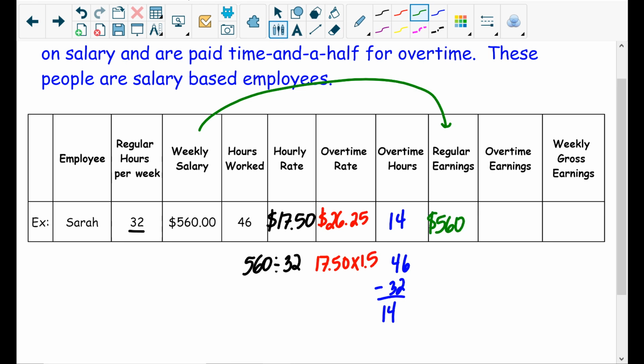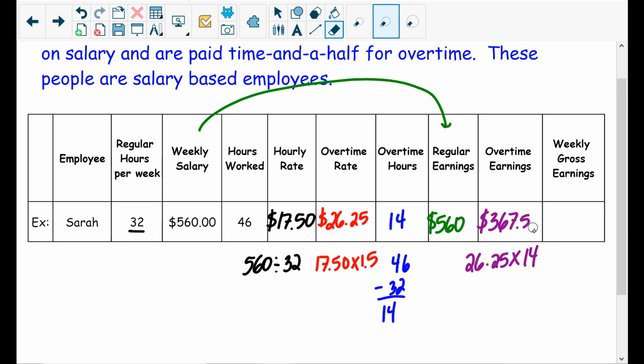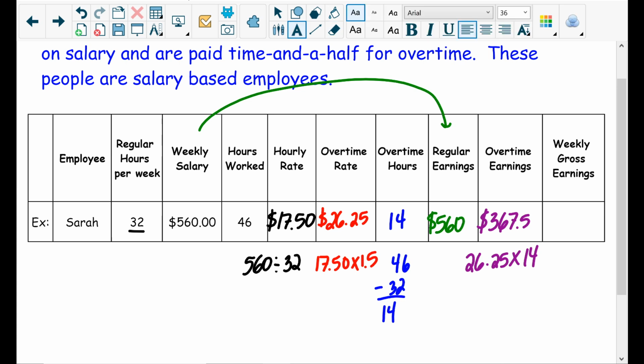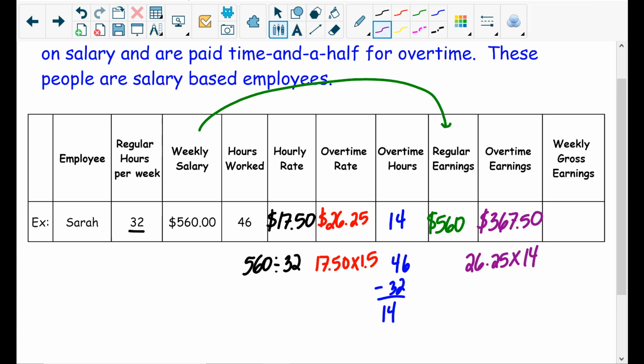And overtime earnings: taking our 26.25 times our hours, 14, that's 367.50.